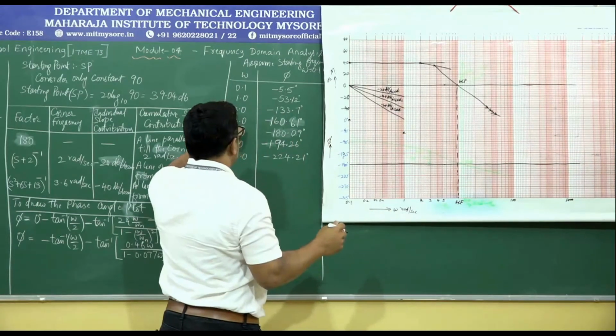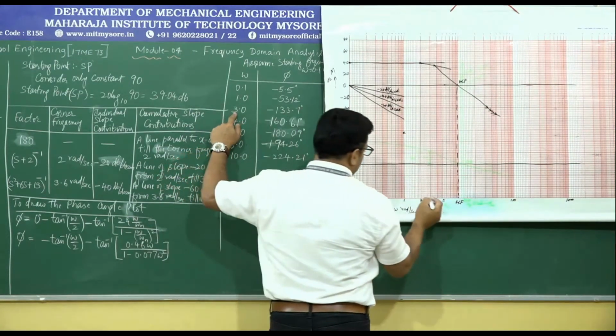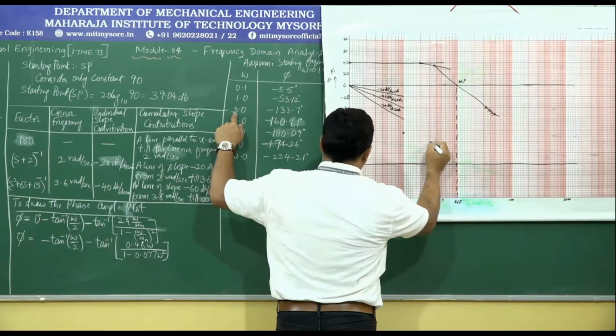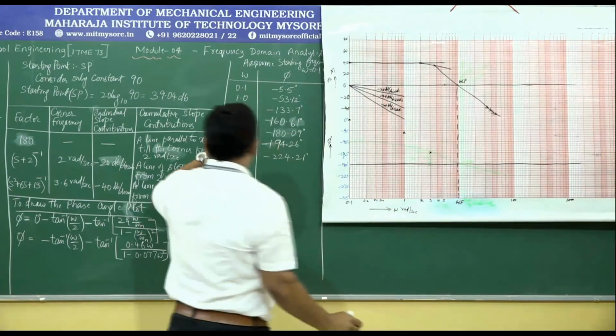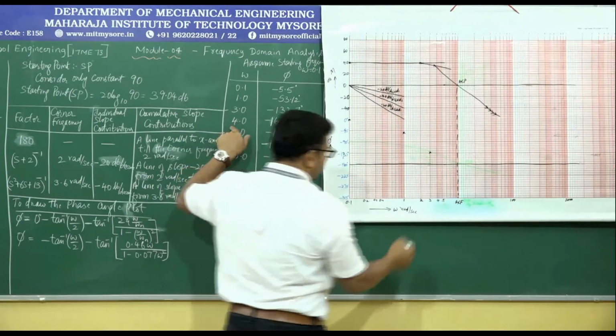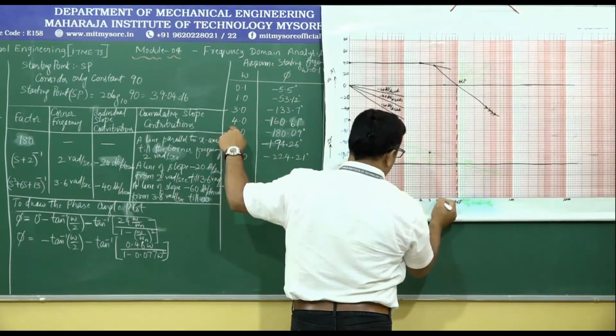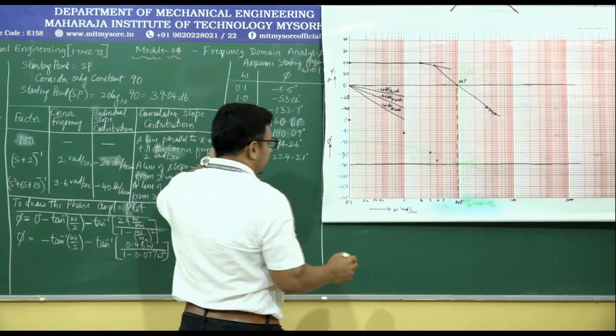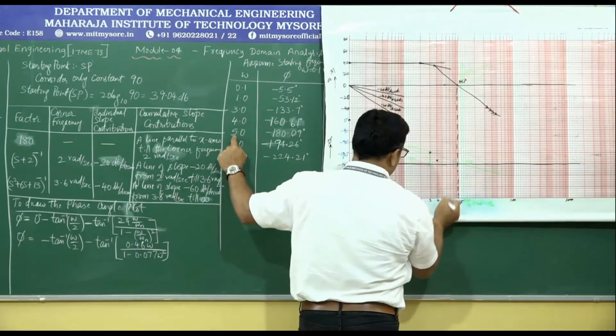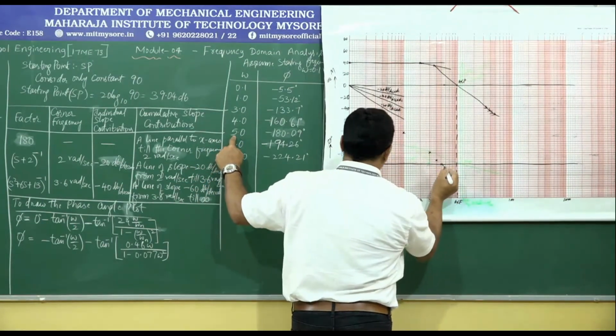Then at omega equal to 3, it is minus 133; minus 90 is here, minus 135 is here, so it will be here. At omega equal to 4, it is minus 160, so 4 radians per second is here, minus 180 is here, minus 160 will be somewhere here. At omega equal to 5, it will be minus 180 degree.